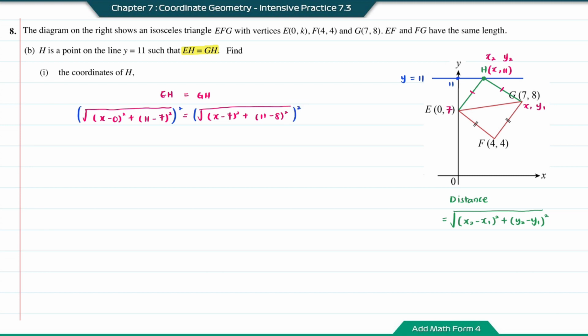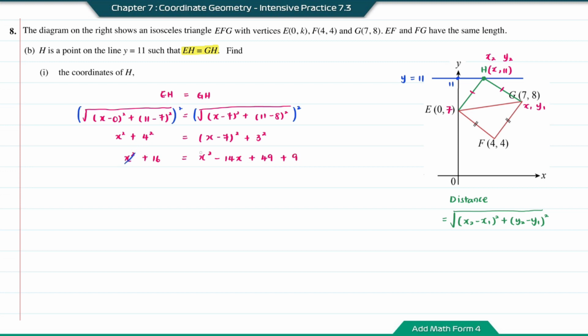So what's left on the left hand side will just be x squared plus 4 squared. And on the right hand side, it will be (x minus 7) squared plus 3 squared. So on the left hand side, we get x squared plus 16 equal to, expanding (x minus 7) squared, x squared minus 14x plus 49 plus 9.